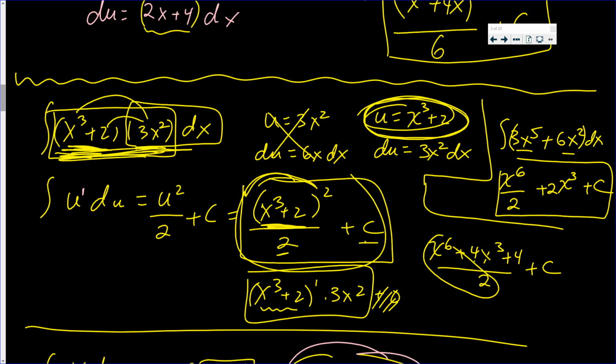I'll get x to the 6 over 2 plus, I'll divide those two, and I'll get 2x cubed, and then I'll divide 4 over 2, and I get 2 plus c. And you say, ooh, somebody made a mistake. They don't look the same. Well, if you notice, they both have x to the 6 over 2, and they both have plus 2x cubed, but this has 2 plus c, and that has c.